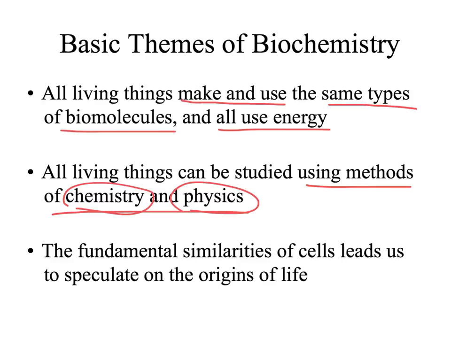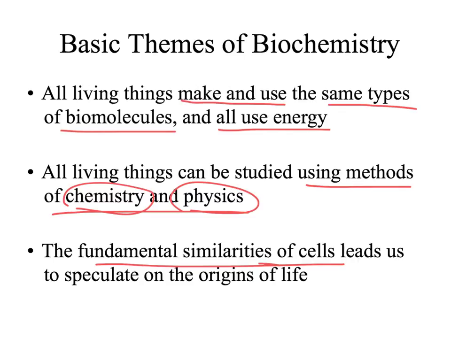But remember that there are also differences in terms of cells. So we look at the fundamental similarities of cells and how that lets us see the origins of life. But we can also look at the differences in these cells and think about how evolution occurred.